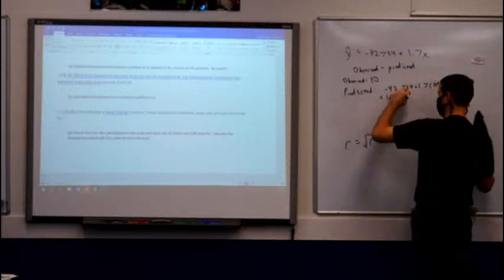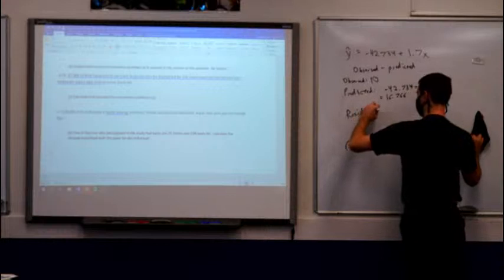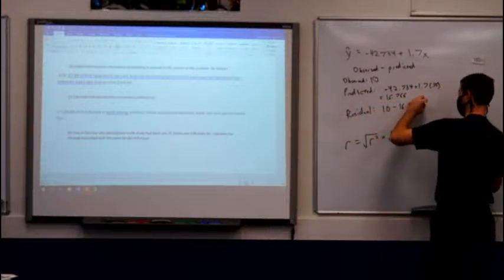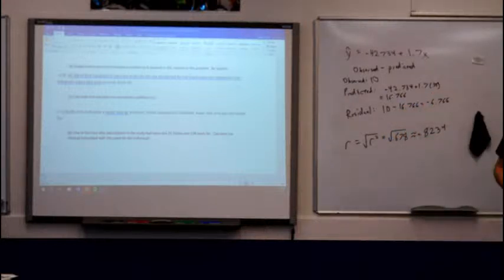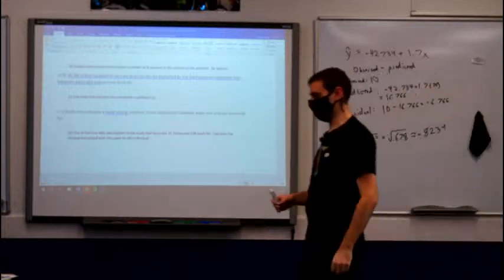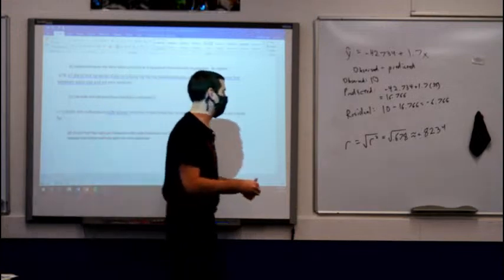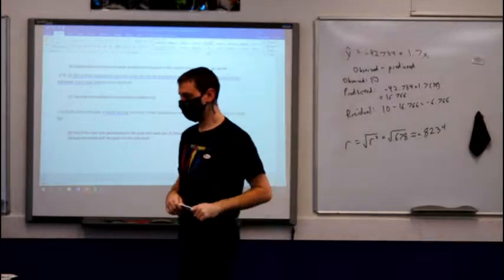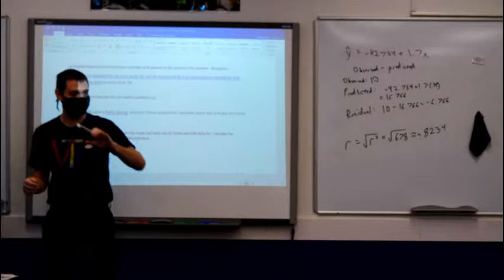We get 16.766. So we're going to subtract those, to get negative 6.766. So negative residual tells me the point is below the line. It tells me the observed is under the predicted. But observed minus predicted, that's my formula for residual.